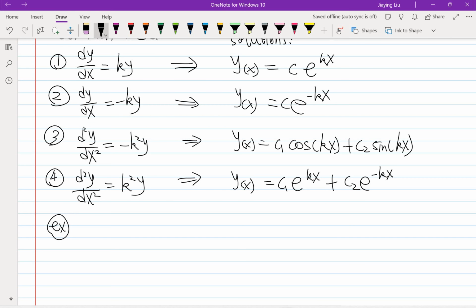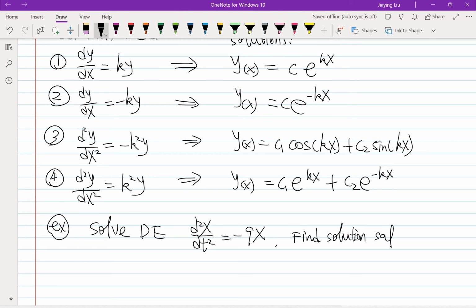Solve the differential equation d squared x dt squared equals negative 9x. Find the solution satisfying the initial condition x of 0 equals 1, x prime of 0 equals 0.